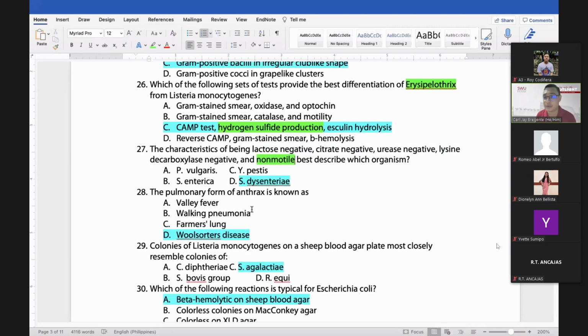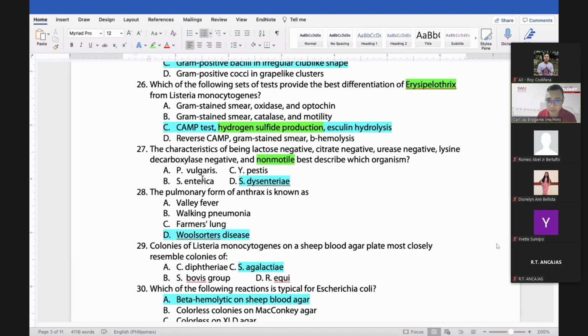Remember the general rule of family Enterobacteriaceae. The general rule is that all enterics are motile except two genera, Klebsiella and Shigella species.